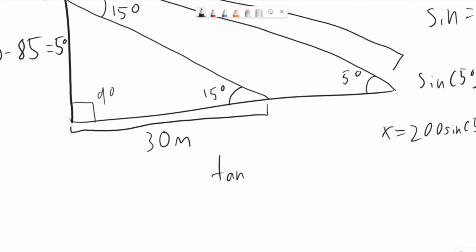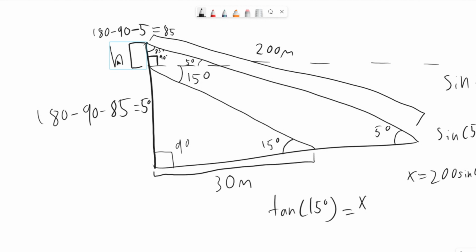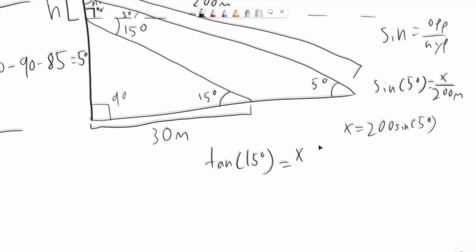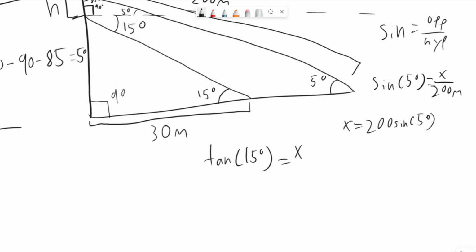So the tangent of 15 degrees equals the opposite, which is going to be, since we call this whole height over here, including h, x, so actually all of this is x. We know that this is, we're trying to currently get the height here, which is x minus h up there. So this is actually x minus h is the opposite, and then my adjacent is 30 meters.